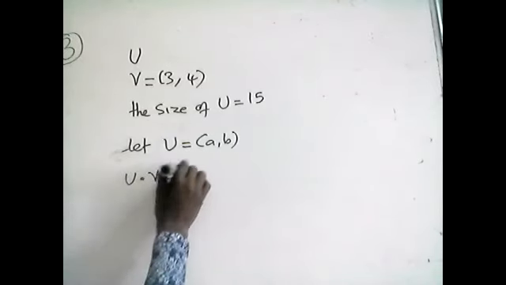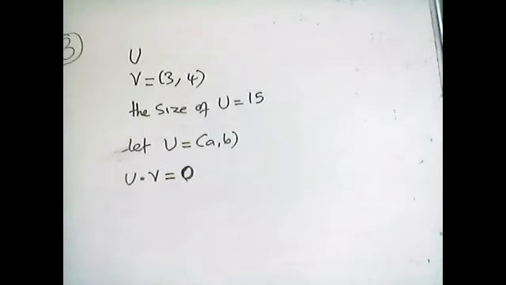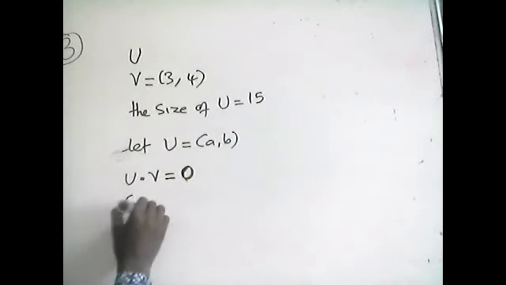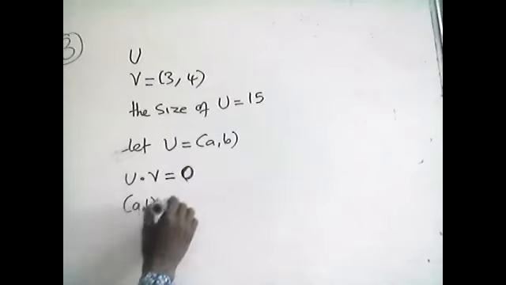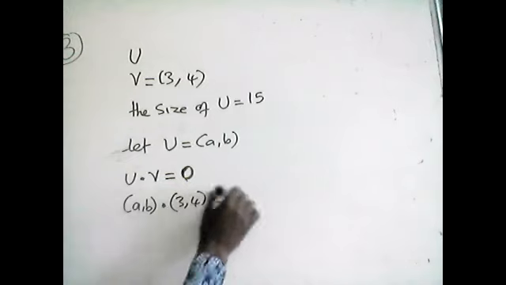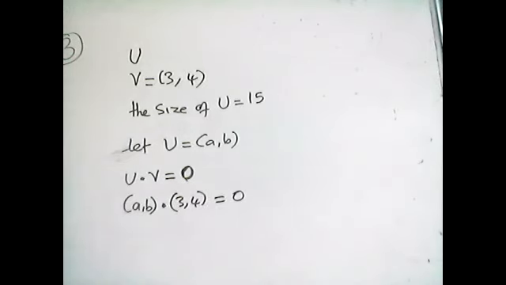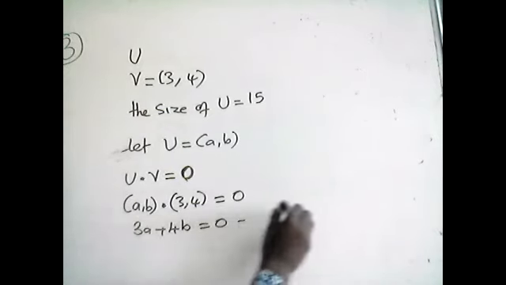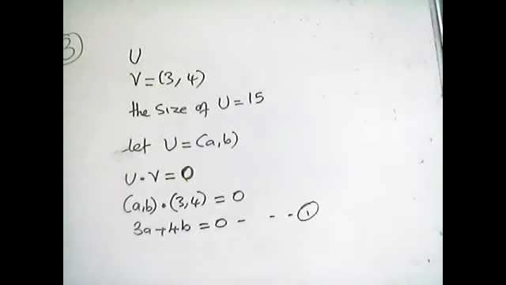So it's just a matter of solving for U dot V. So our U here is a, b dot our V is 3, 4, and our answer here is 0. That's what we know about perpendicular vectors. So this multiplied by that gets 3a plus this multiplied by that gets 4b, and this is just 0. So we've established the first equation.